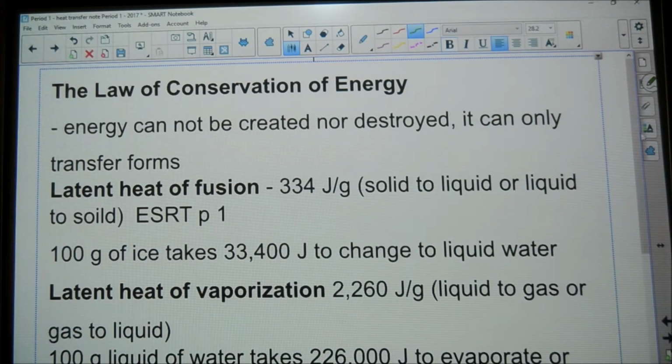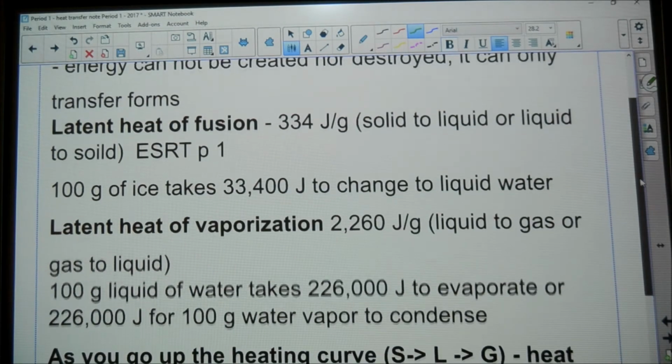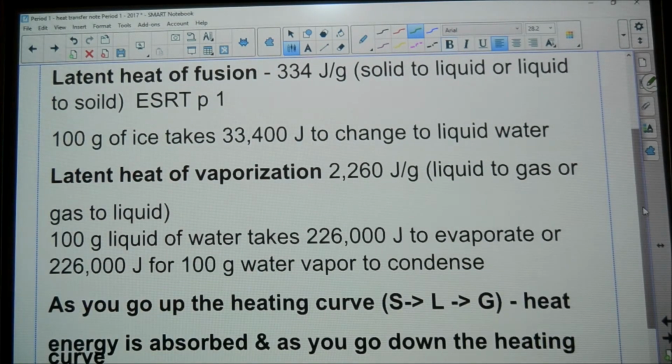If I have 100 grams of water and I want to evaporate it, it's going to take 226,000 joules to evaporate that 100 grams of water. Or in reverse, it's going to take 226,000 joules to actually condense the 100 grams of water.